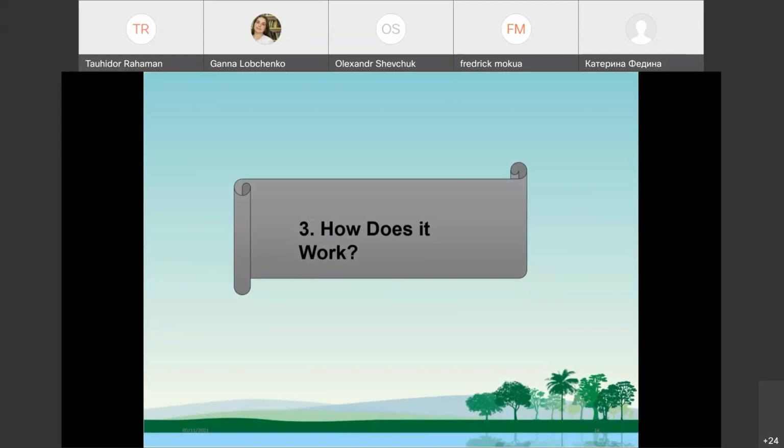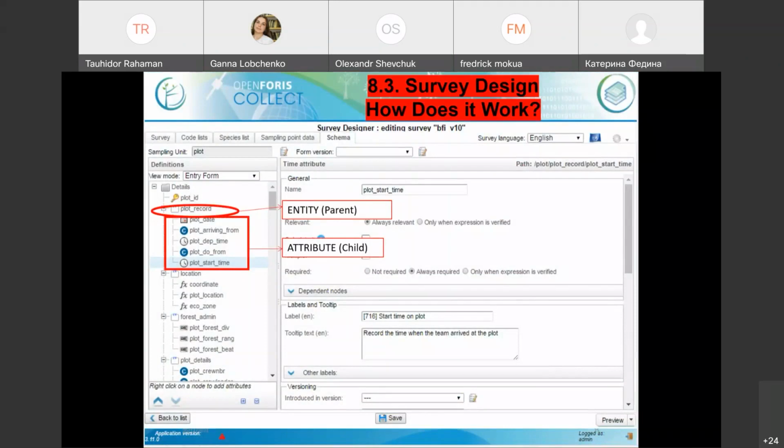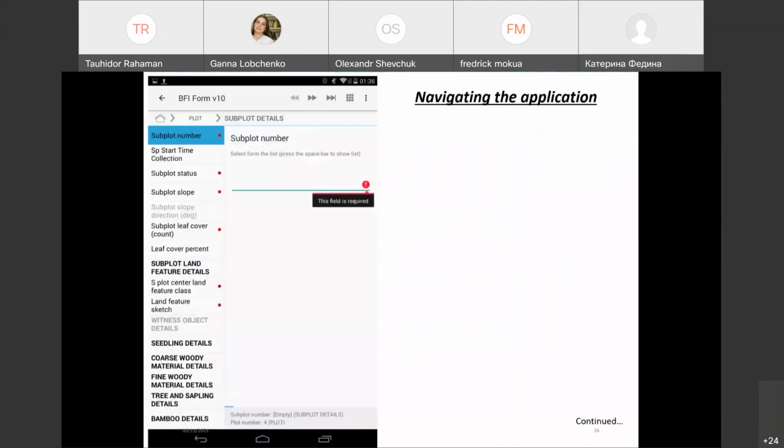So how does it actually work? This is the interface of Open Forest Collect. Here on the left-hand side, there are some parent entries, like plot location, plot record. Within that parent entry, there are some subcategories like plot date, plot arrival time, plot departure time. So there is a heading and subheading, and we can incorporate it that way.